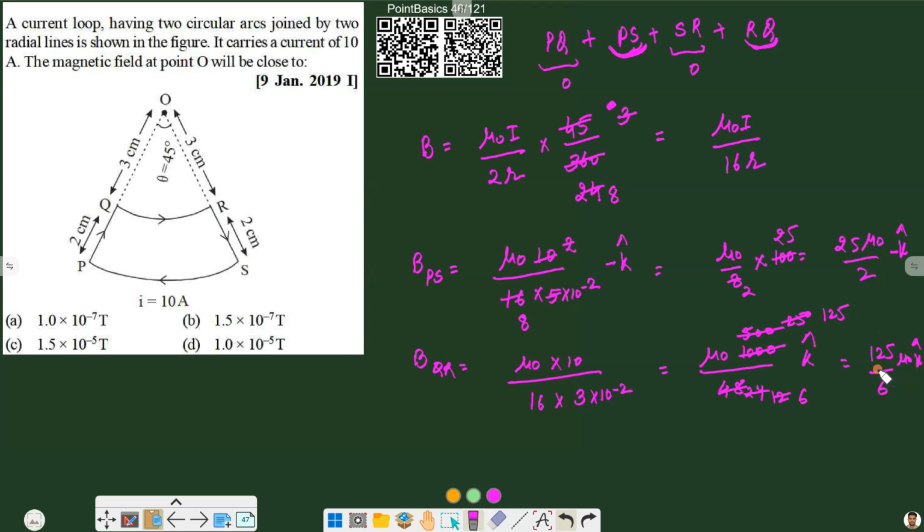As we have to add these two, we make their denominators the same. We multiply this by 6 or 3, so it can be written as 75 by 6 mu naught minus k.